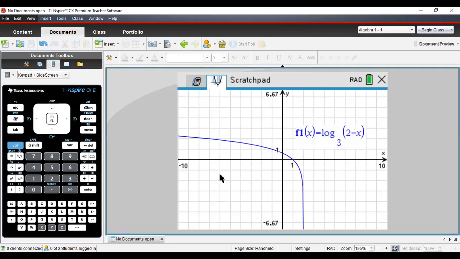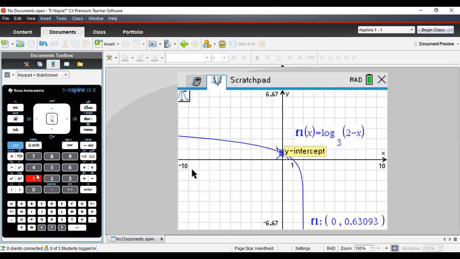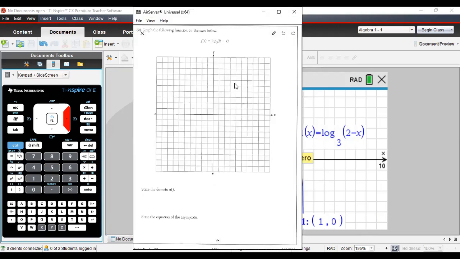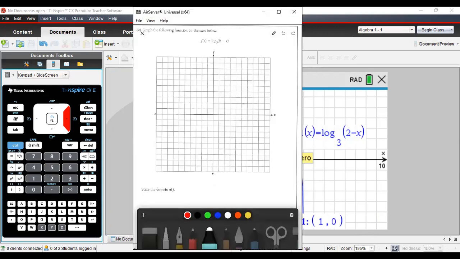Now what I'm going to do is use menu 51. Okay, the y-intercept has decimals, so we're not going to use that. Let me go over here and look for the 0. Yep, we got 1 point on there. That's (1, 0). So if I go to the iPad, I'm going to put 1 point right here.